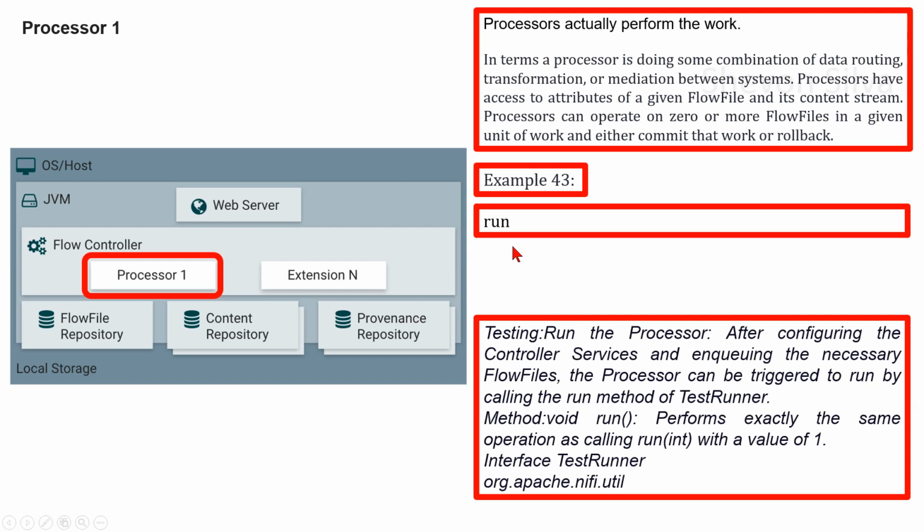After configuring the controller services and enqueuing the necessary flow files, the processor can be triggered to run by calling the run method of the test runner. If this method is called without any arguments, it will invoke any method in the processor with an @OnScheduled annotation, call the processor's onTrigger method once, and then run the @OnUnscheduled and finally @OnStopped methods.